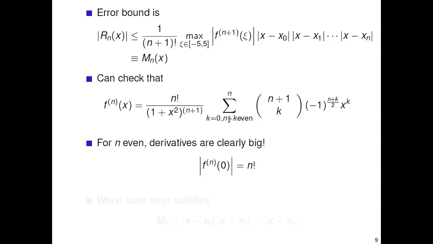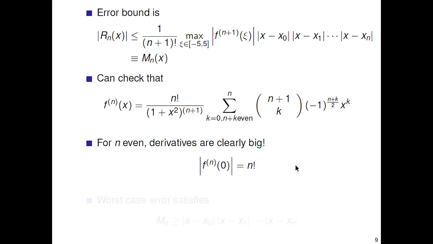For everything else, k is bigger than 0, and this is going to be 0. Okay, n plus k is 0, so this is a 1 here, and this is a 1 here. So I plug in 0 into my nth derivative, and I get n factorial divided by 1 times, and we decided all of this was 1. So the nth derivative is n factorial.